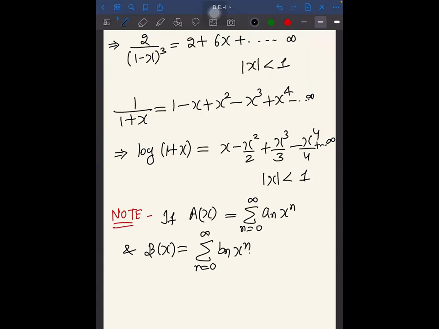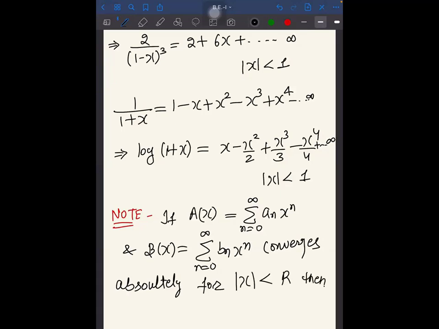Then the series, I should write it as B(x), a_n x^n converges absolutely for mod x less than R.